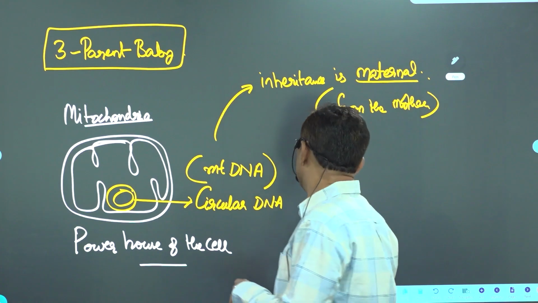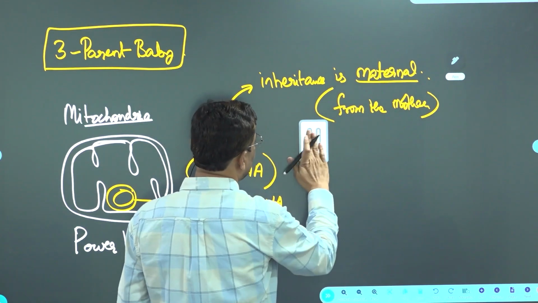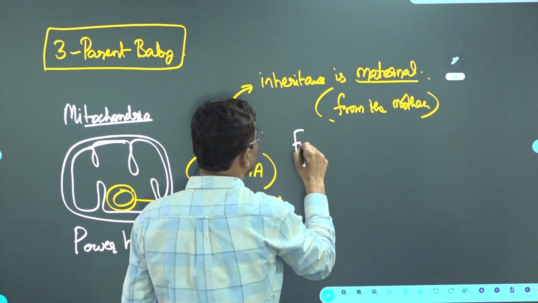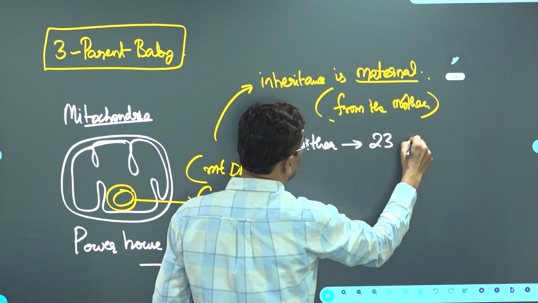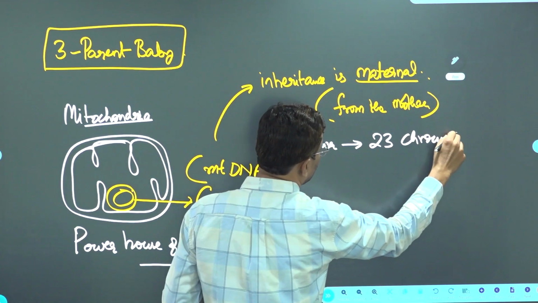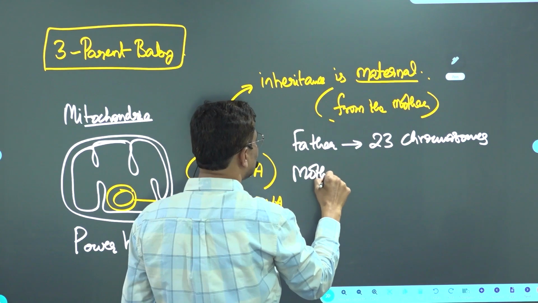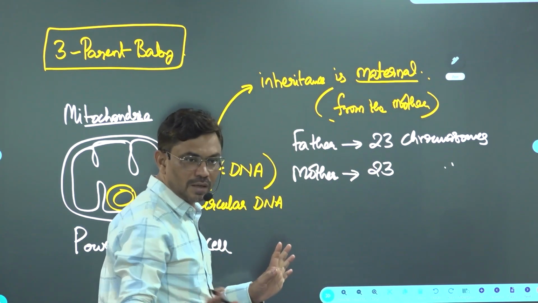That means in the three-parent baby concept, the father's DNA is inherited, the same 23 chromosomes from the father, and from the mother also 23 chromosomes, normal.